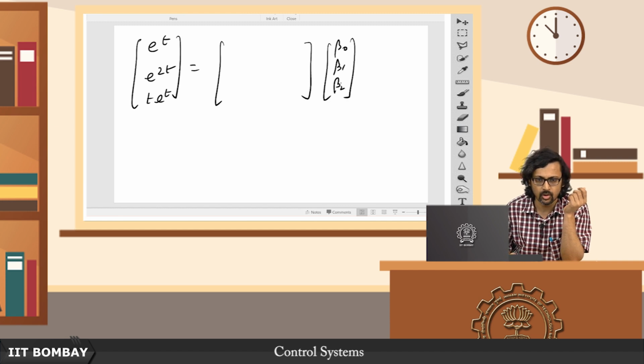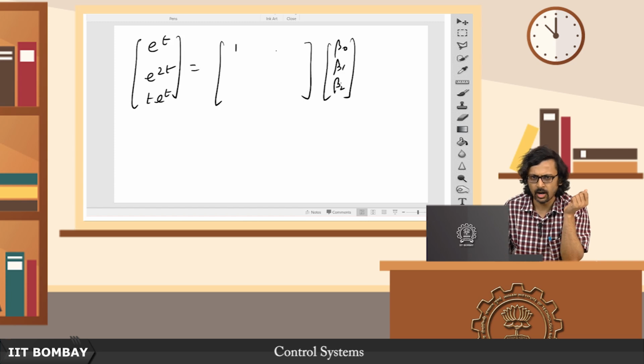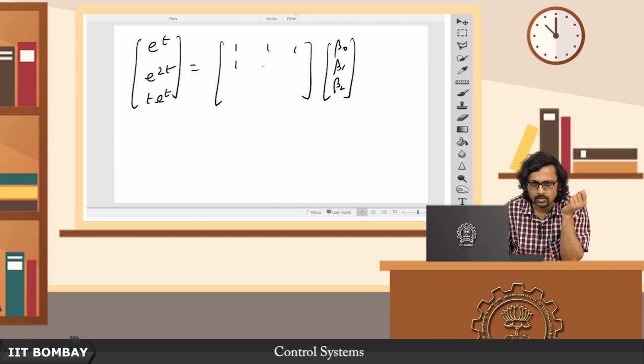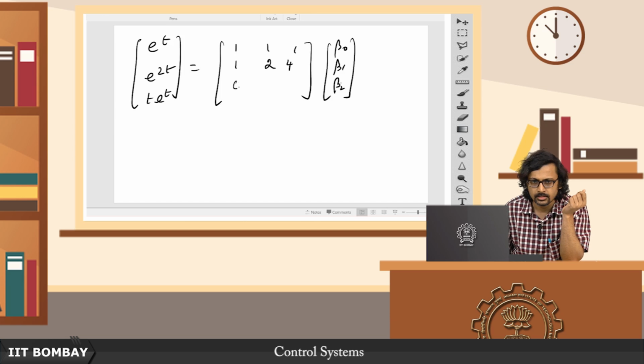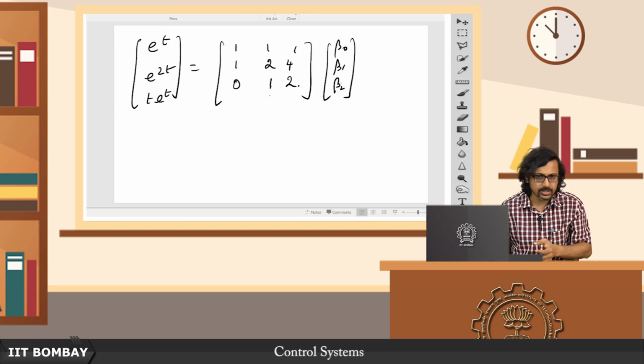The first equation was 1 1 1, the second equation was 1 2 4, and the third equation was 0 1 2. So based on this, what can I write?